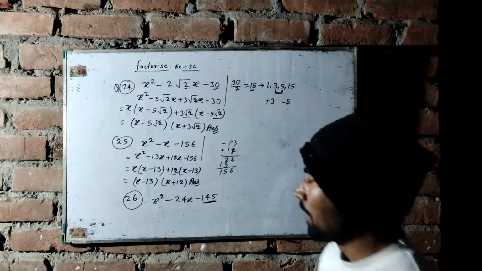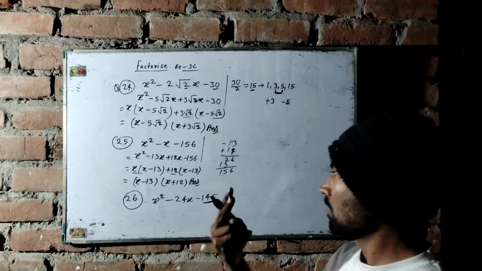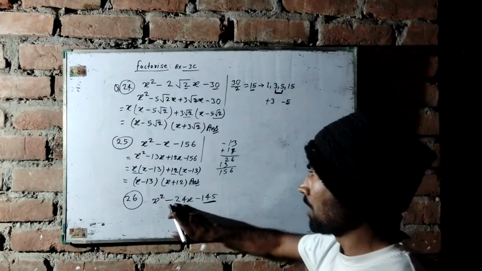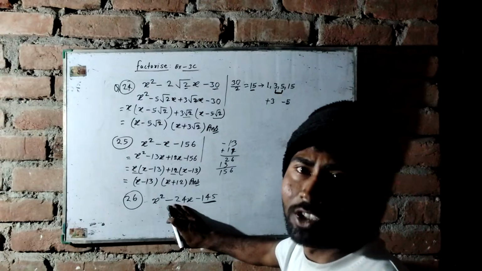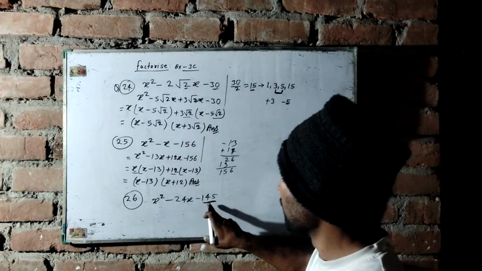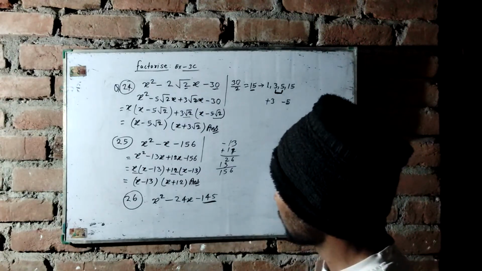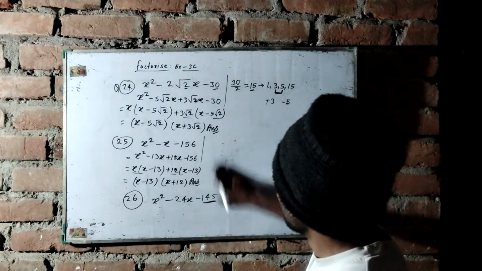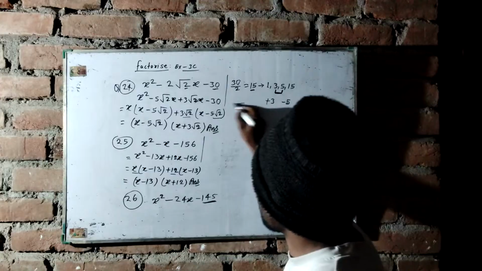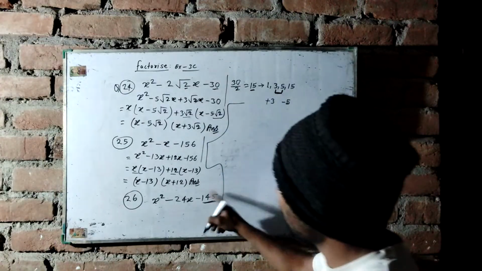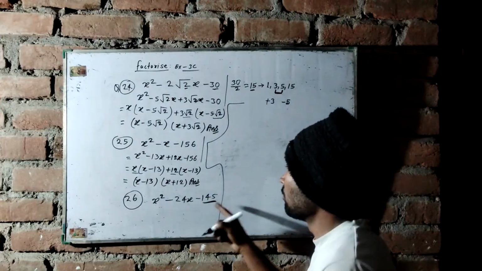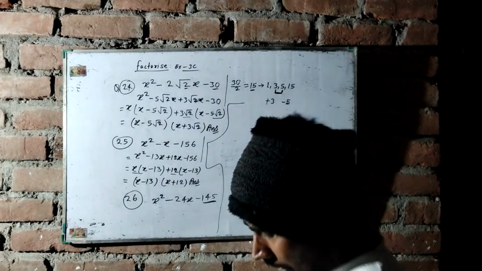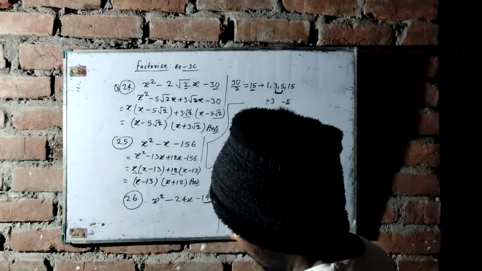If you are able to find two factors of this constant number whose sum or difference will be minus 24 and their product will be minus 145, then choose two numbers. So let me try. Let me find out all factors of 145.